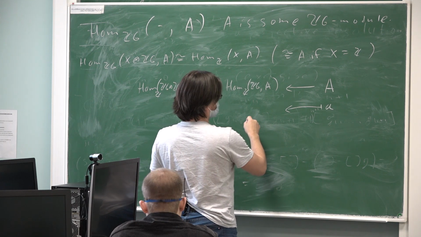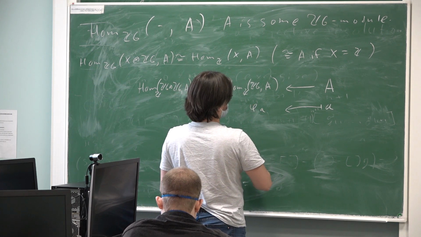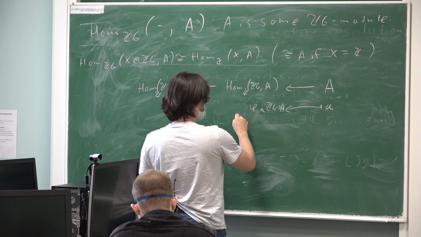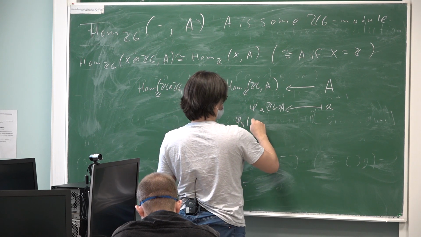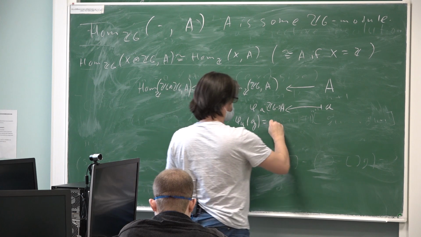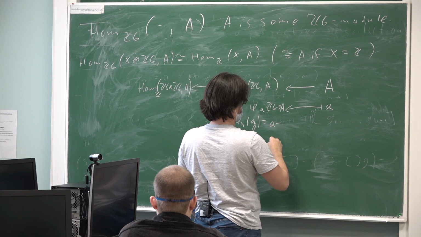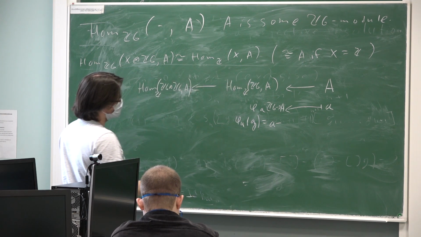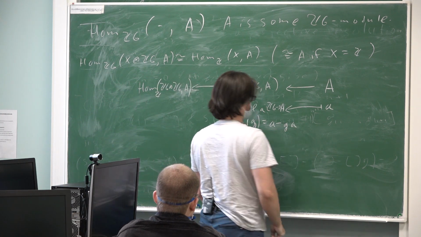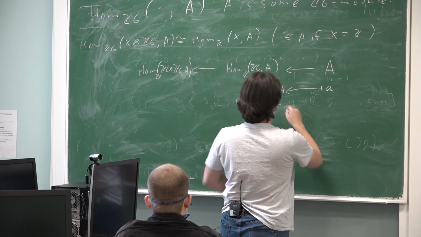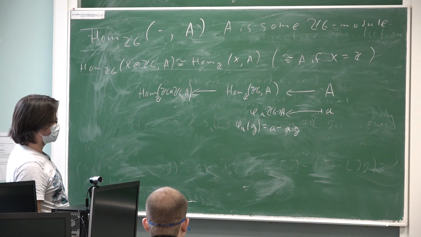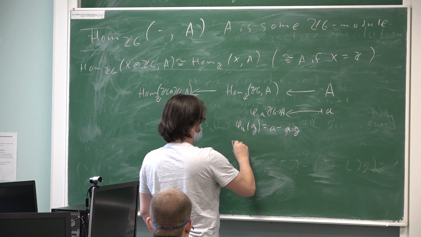It goes to the map phi A from ZG to A, defined by the equality phi A of g equals a minus ag.